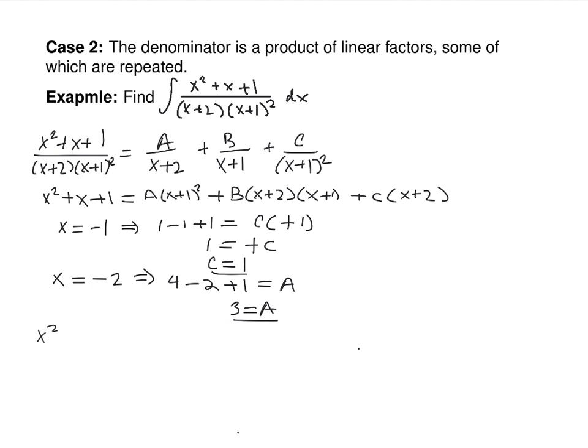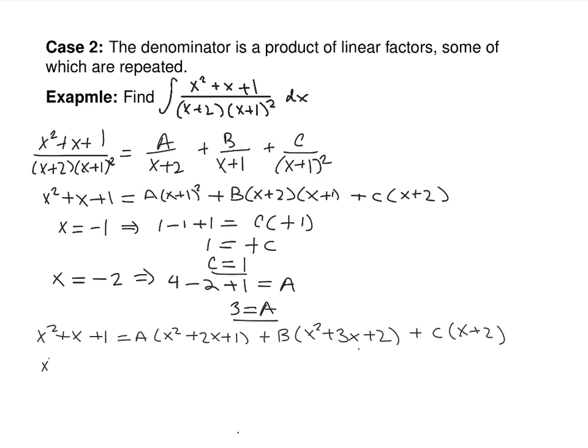So you have x squared plus x plus 1 equals a, expand out the x plus 1 squared, x squared plus 2x plus 1 plus b times x squared plus 3x plus 2, and then plus c times x plus 2.